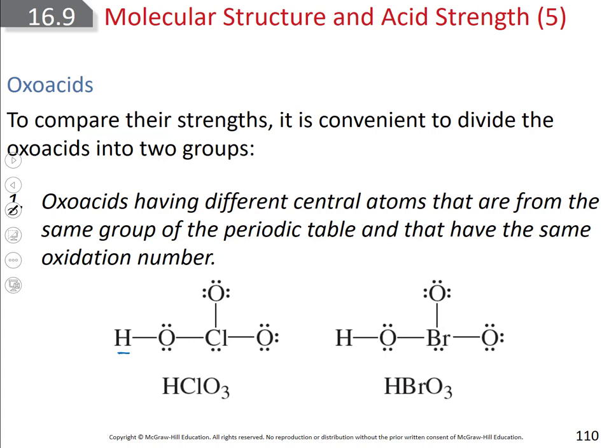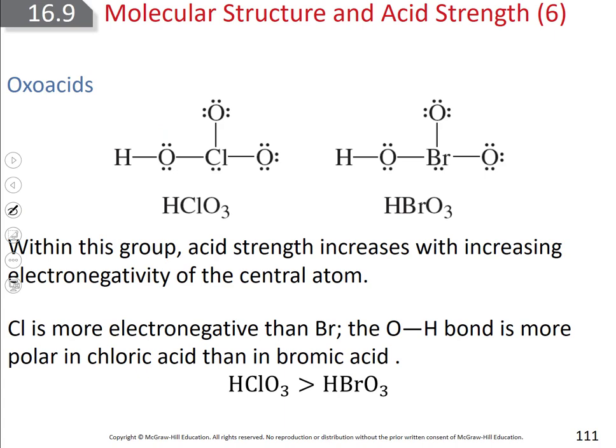You said which one's going to be stronger? Yes, chloric acid or bromic acid. Chloric acid would be the stronger of these acids. So if you're looking at the same family for the central atom, the more electronegative that central atom, the stronger the acid, because it's going to pull electrons away from its oxygens, leaving them less negative and with a weaker hold on the hydrogen.